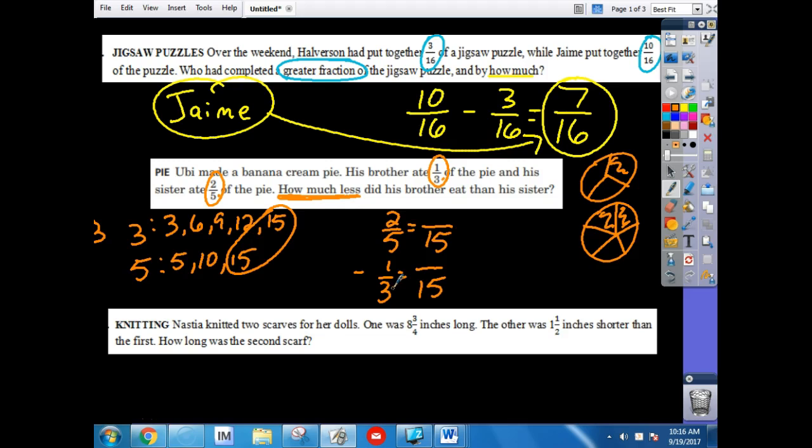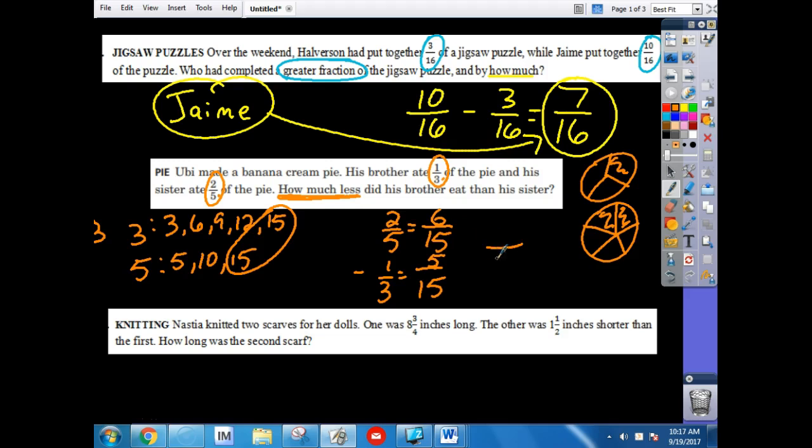We multiplied 3 times 5, so I'll multiply 1 times 5. This is 5/15. We multiplied 5 times 3, so we'll multiply 2 times 3 and get 6/15. Really, what my problem is asking for is subtracting 6/15 minus 5/15.